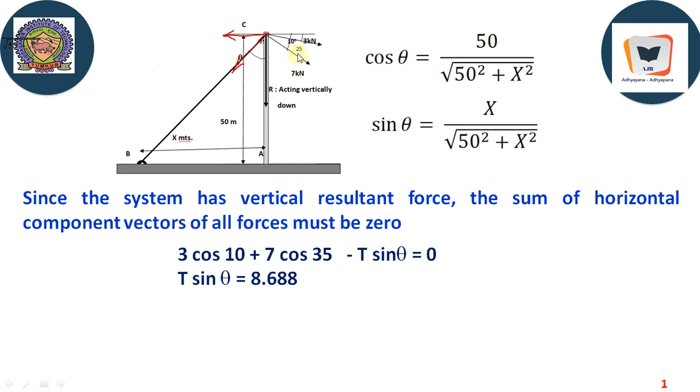So 3 cos 10 of this force plus 7 cos 35 of this force, minus T sin theta of this force, because theta is referred to over here. This angle can be taken as theta anyway. Once again, we will make it clear by writing theta over here a little bigger.